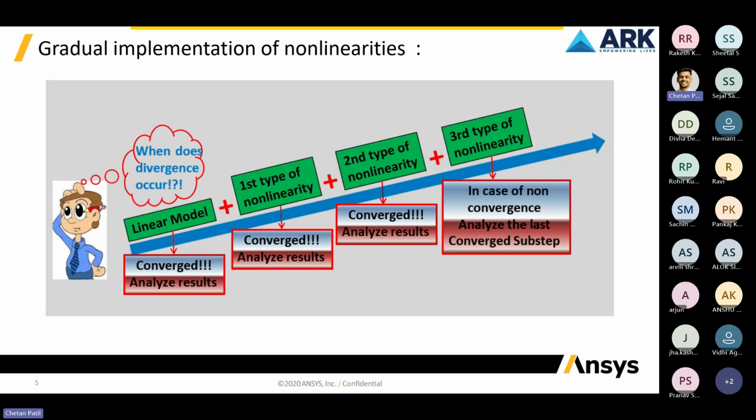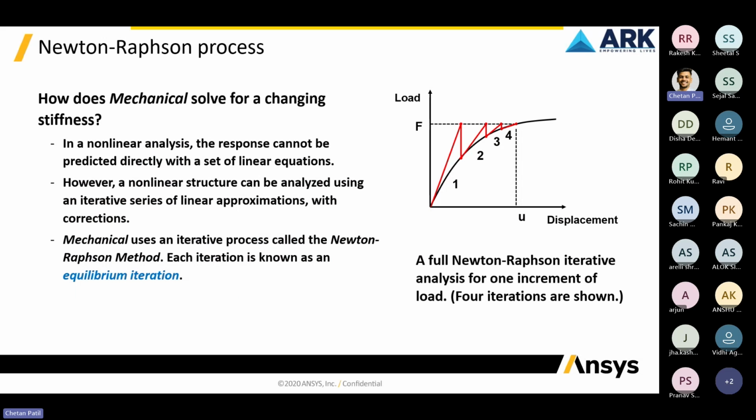non-linear simulation. The next thing you should know about non-linear simulation is what kind of process is followed for solving it, compared with the linear simulation. How does the mechanical solver behave when the stiffness of the model keeps on changing? In a non-linear analysis, the response cannot be predicted directly with a linear equation set.